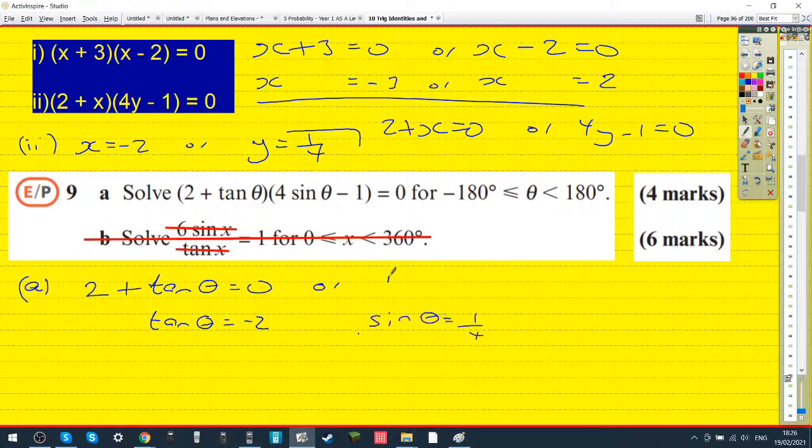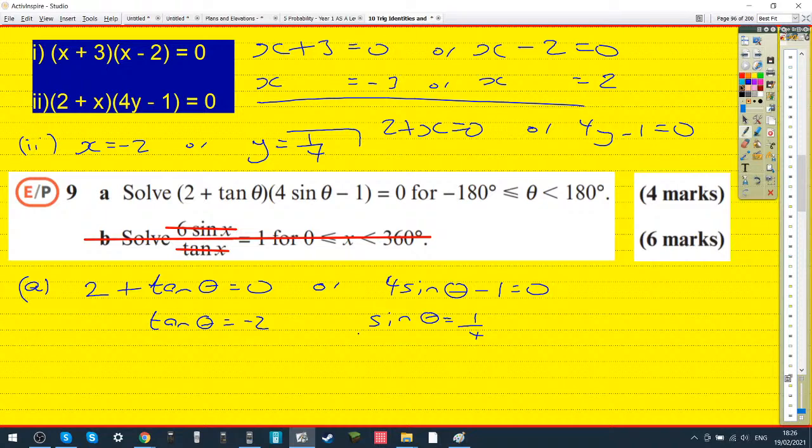And so you have to find those thetas. So what would you have to do? Inverse of a quarter. Yeah, you'd have to solve them. So inverse tan of minus 2, and so on.